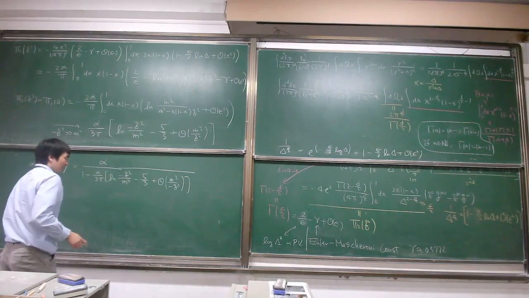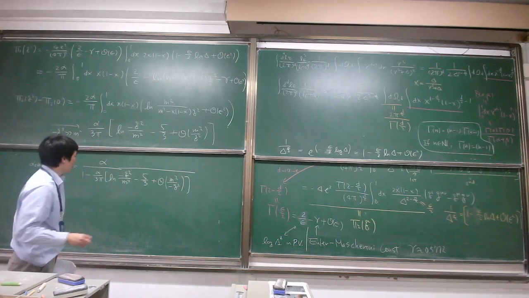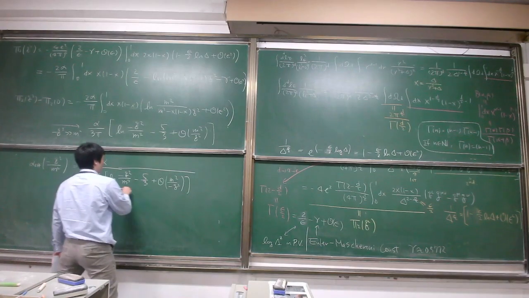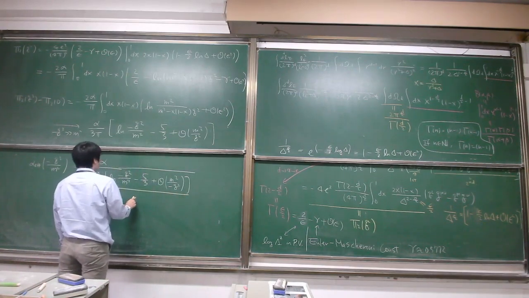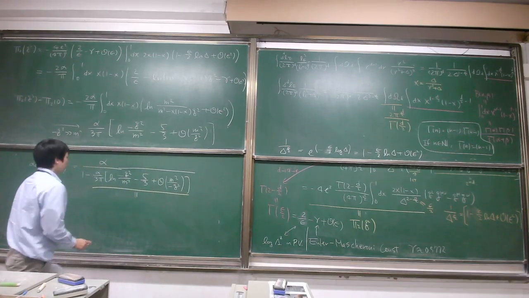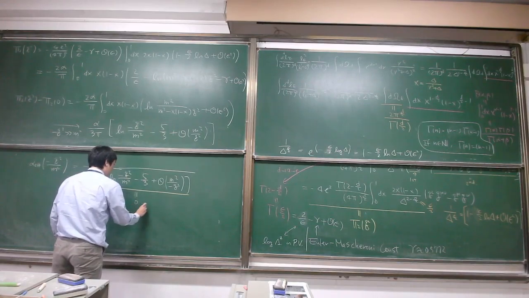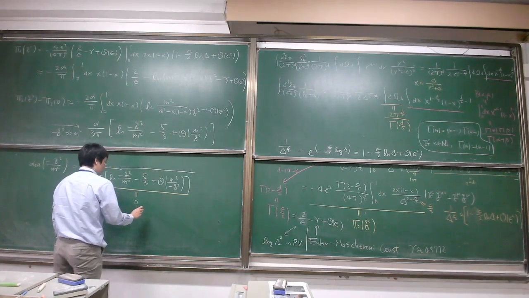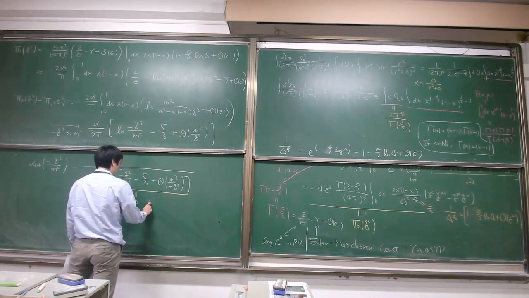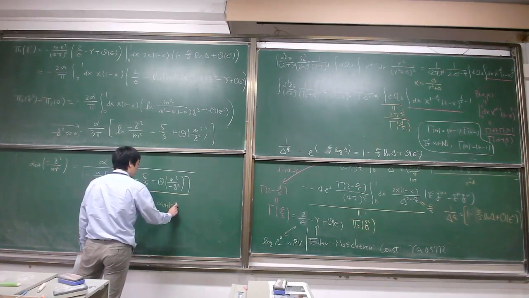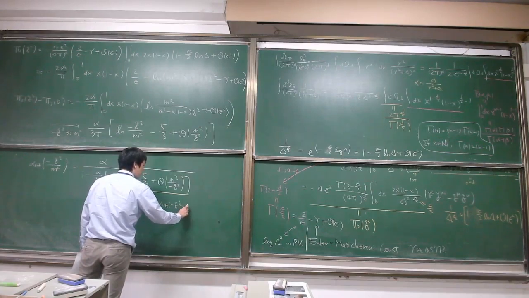Of course, I tuned this in such a way that the difference is equal to 0, so that alpha effective at minus q squared is equal to alpha.